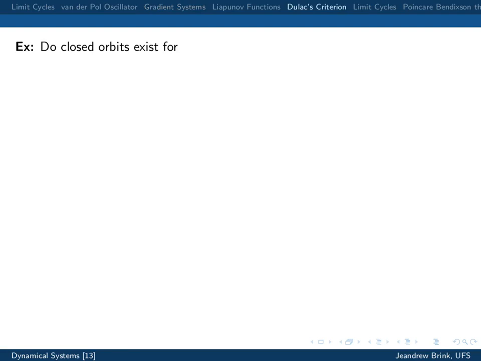Okay, so now let's take, for an example, do closed orbits exist for this system? What would you do? You could, yeah. I mean, you would at least find your fixed points.